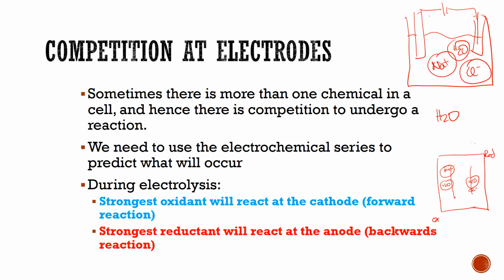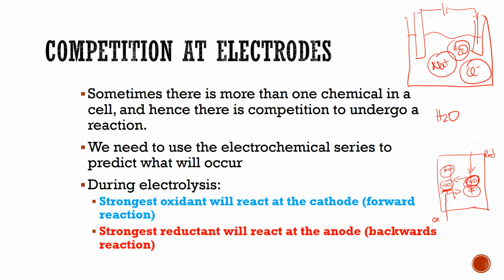So if this is my strongest oxidant, if I run my finger up from the strongest oxidant and wait until I hit one that I've circled, so we only circle the ones that are present in our cell, that's going to be my strongest oxidant. It's going to be reduced, so the reaction will go this way. Then I'm going to run my finger down from the top for my reductant, and in this case I'll hit water, and that one will be oxidized.